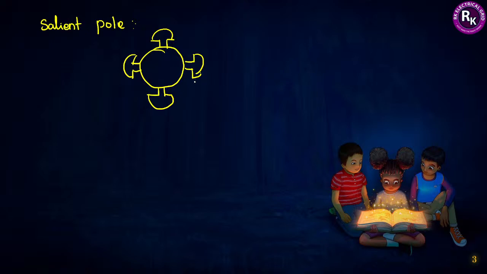But the thing is here, the salient pole winding is concentrated. First one, in case of salient pole machine, the winding is concentrated in nature, and as usual they are connected in series. I'm talking about the salient pole field coil rotor.